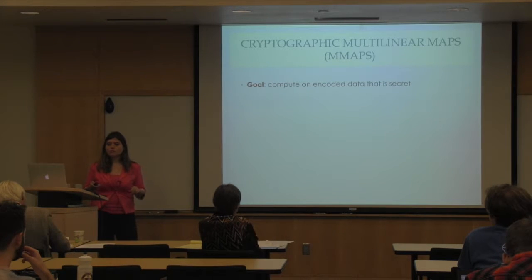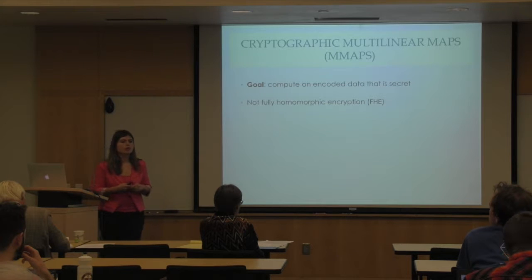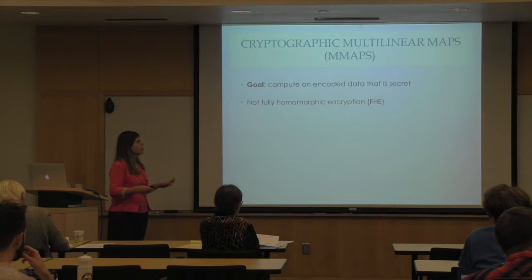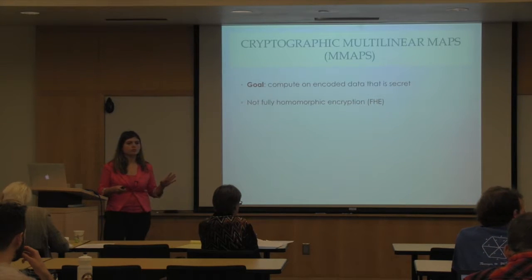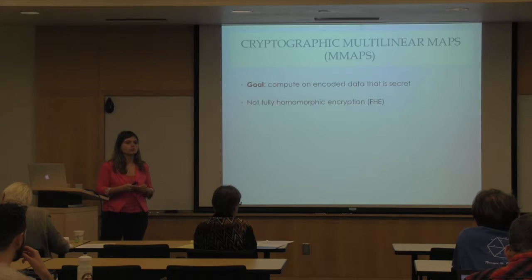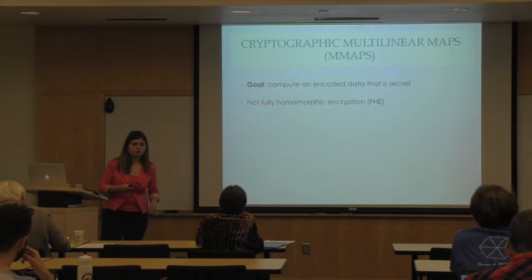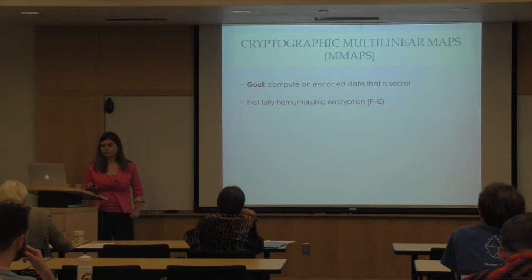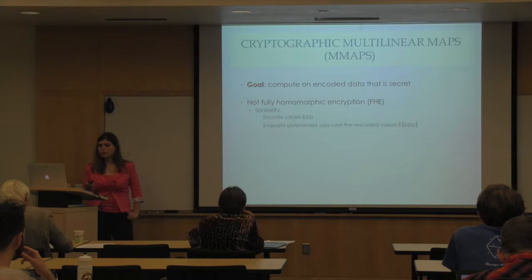So if we give this definition, one would immediately think about homomorphic encryption because it sounds very similar to the definition of homomorphic encryption, but yet this is not exactly the same. Let's see what the differences are here.